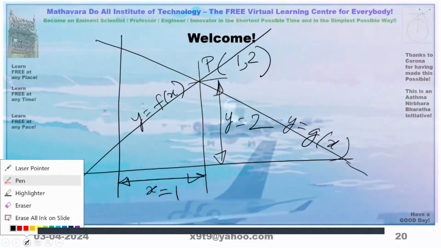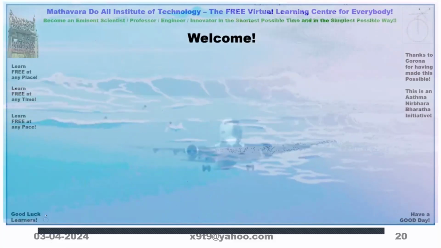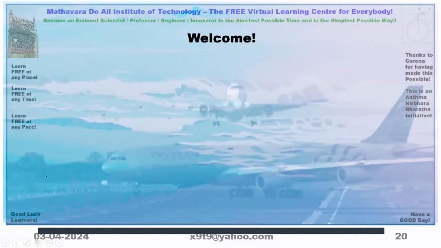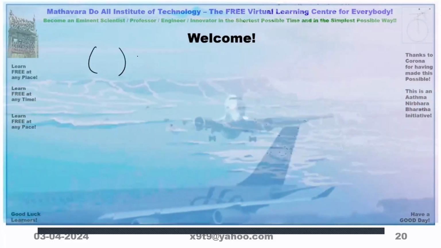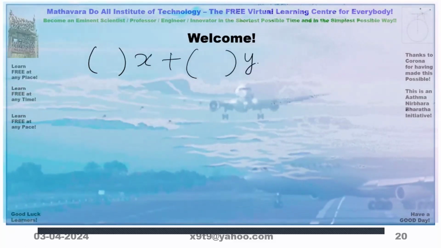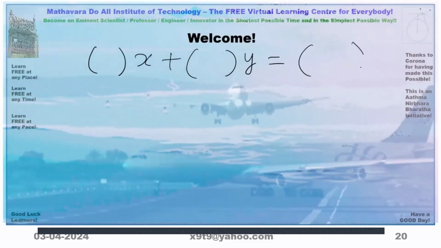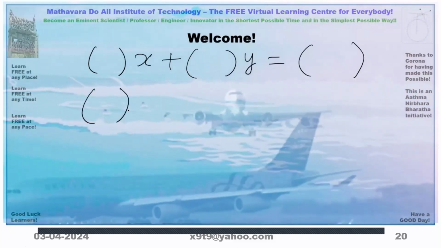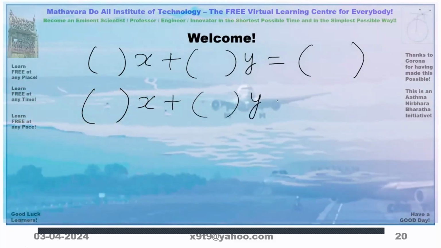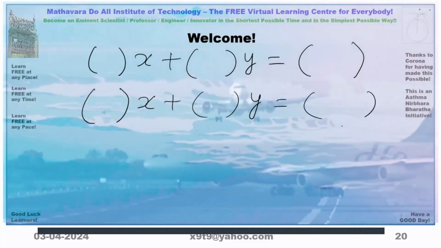So here you will always get answers which are real numbers. Just write any number x plus any number y equal to any number. Another set, any number plus this one equal to this one.